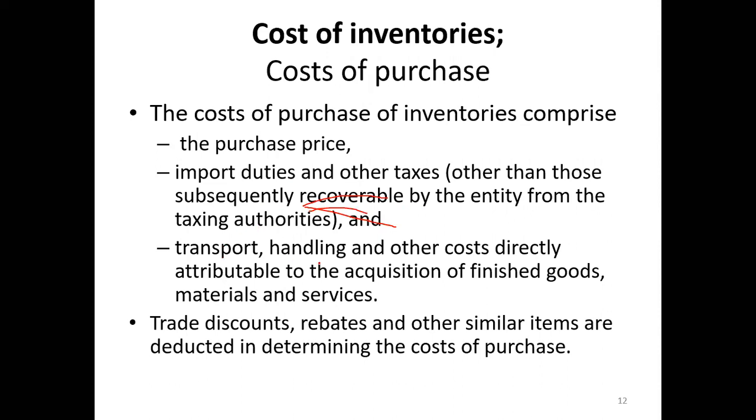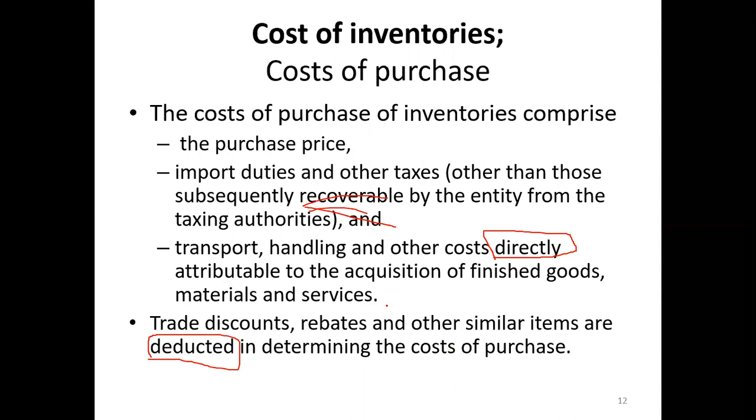So transport, handling and other costs directly attributed. It's very important, directly attributed. It should be directly attributable to the acquisition of finished goods, material and services. And trade discounts, rebates and other similar items should be deducted in determining the cost of purchase.